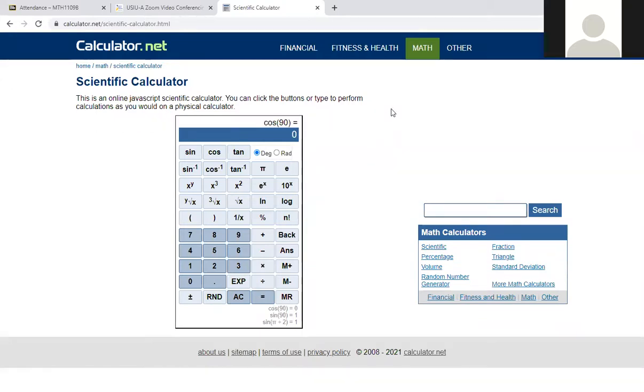Okay. Everyone satisfied? Yes. The other calculator I was using, I don't know what's wrong with it.